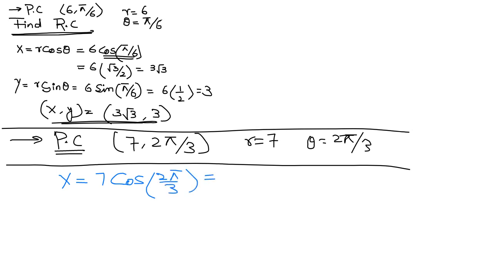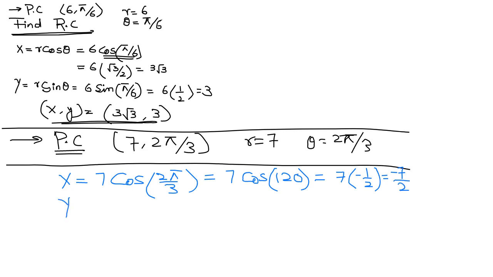Okay. So what will be the value of 2 pi by 3? 2 pi by 3 means 120. Okay. So if you can't calculate, you can calculate by this one. Okay. So cosine of 120. Cosine of 120 is minus 1 over 2, which is equal to minus 7 over 2.